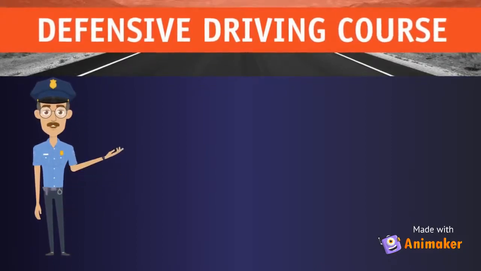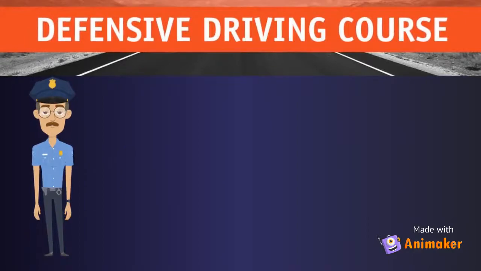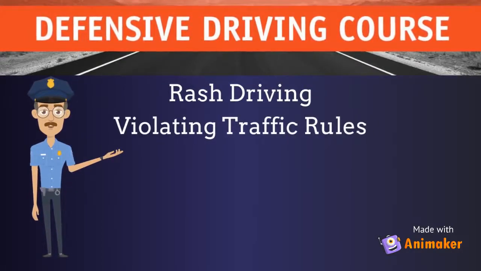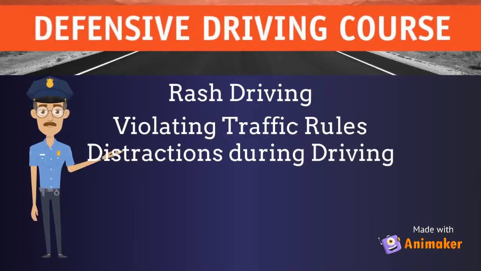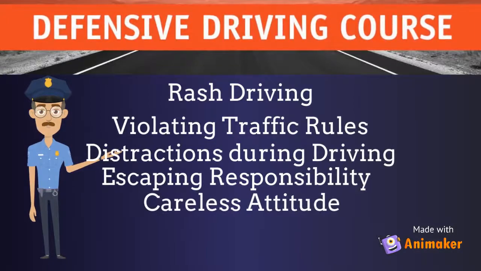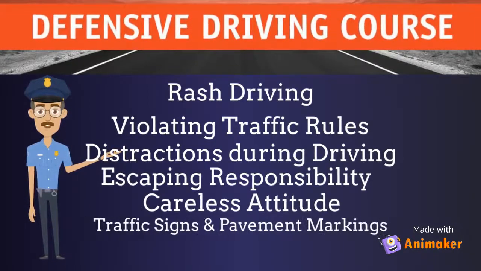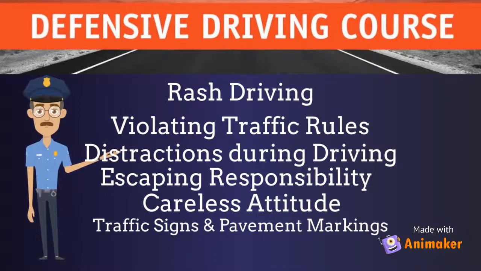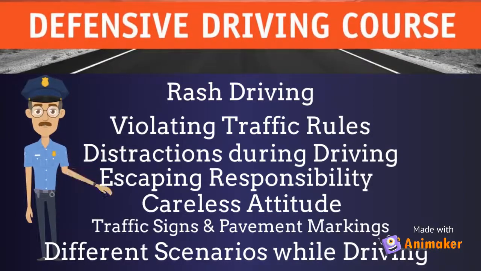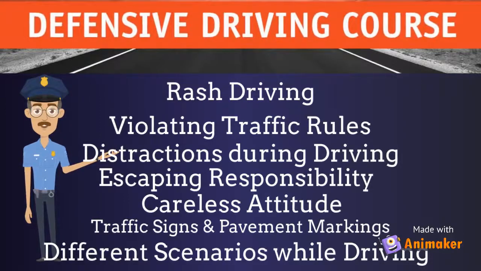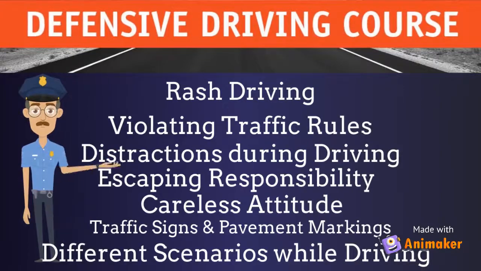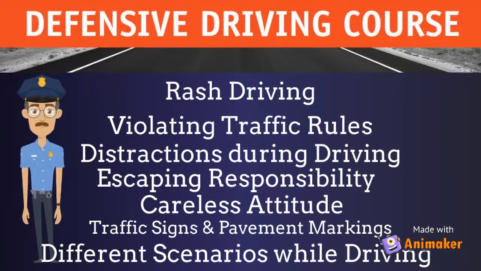We have divided the course into 7 modules, namely rash driving, violating traffic rules, distractions during driving, escaping responsibility, careless attitude, traffic signs and pavement markings, and different scenarios while driving. You will receive individual links to all these modules separately. You can change the playback speed of the video according to your convenience.